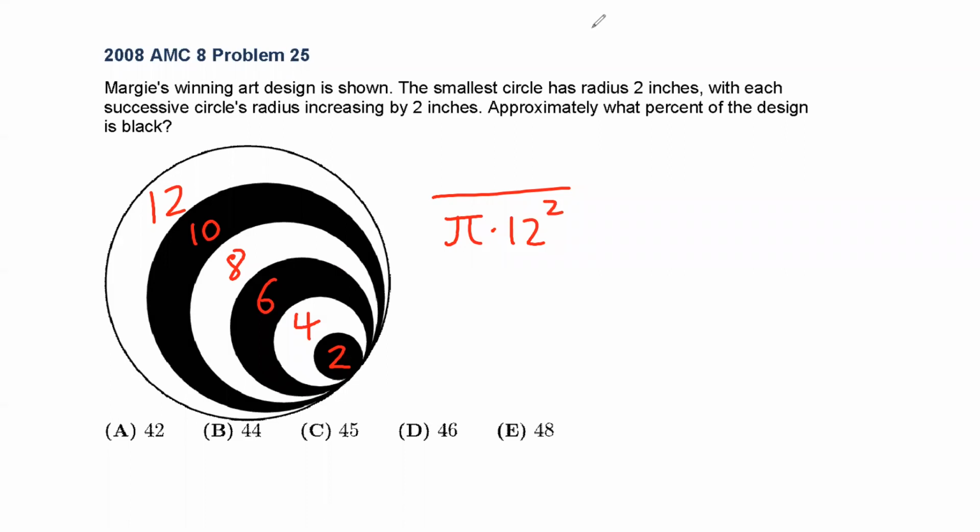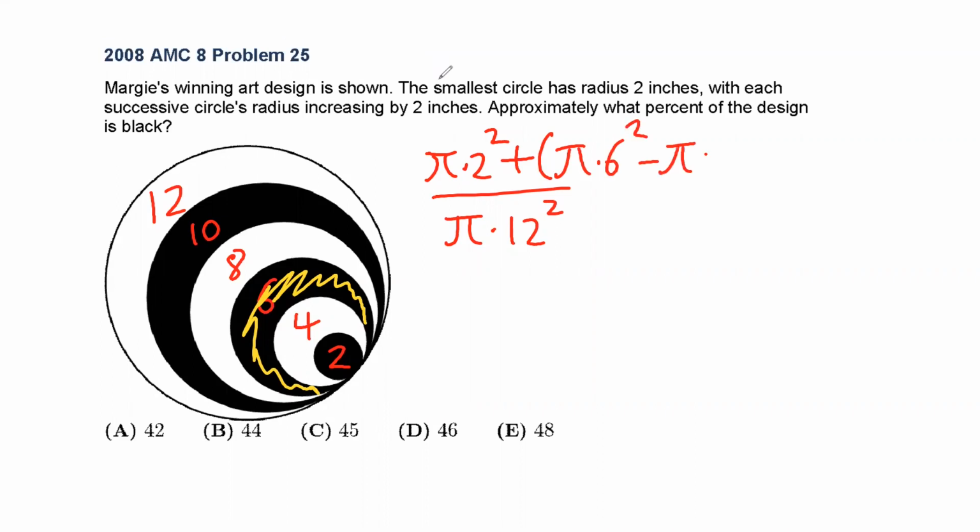So now let's just count the black parts. The smallest black part is a circle with radius 2, so pi times 2 squared. Next, this black part, which I'm highlighting in yellow, is a black circle of radius 6 minus a white circle of radius 4, so pi times 6 squared minus pi times 4 squared.